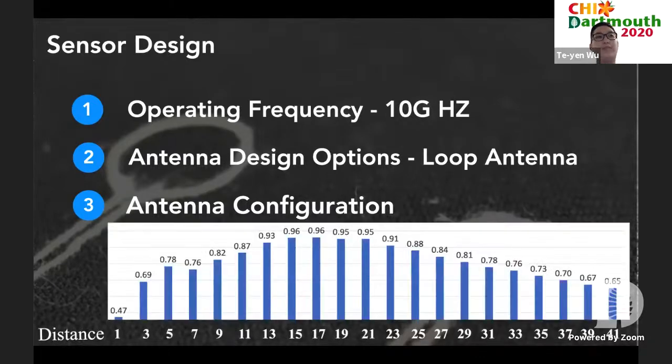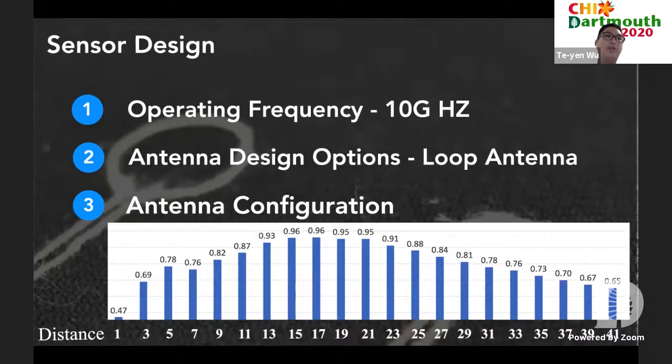So to determine the best configuration for optimizing the antenna sensitivity, we ran a simulation test to study 20 distances, ranging from 1 mm to 41 mm with a 2 mm step. In the results shown here, the x-axis is the distance and the y-axis is the normalized received signal strength. As you can see, the signal strength was strongest when the distance was around 15 and 21 mm.